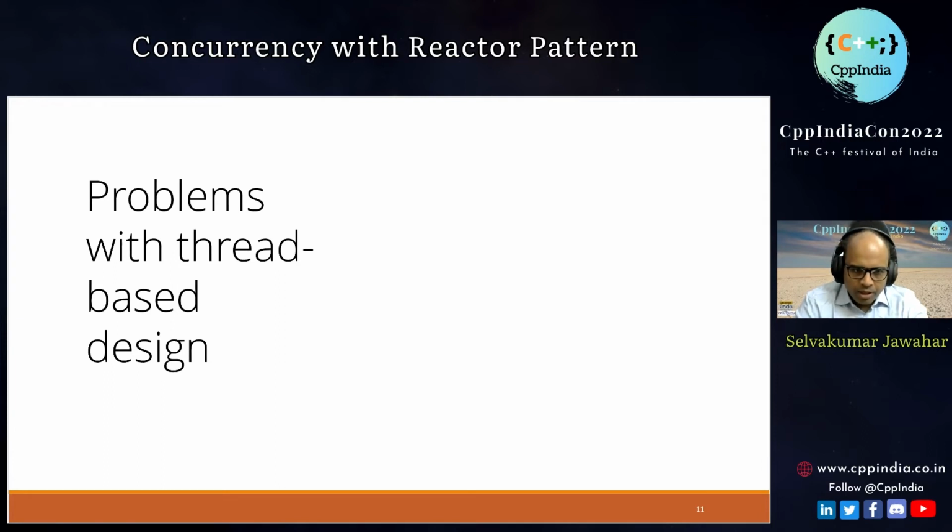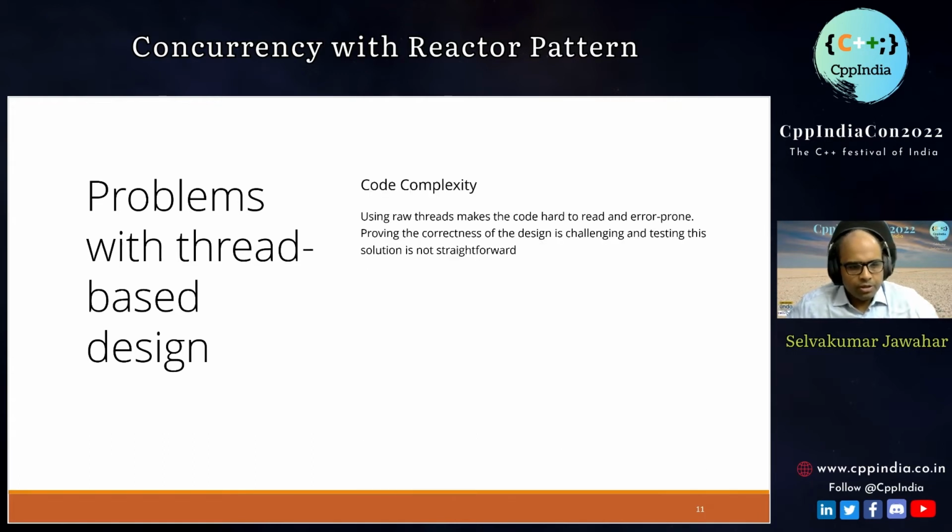But even then, the problems which I'm going to mention now will occur. We will have to face those even if you don't do one thread per connection. So the first problem is the code complexity.